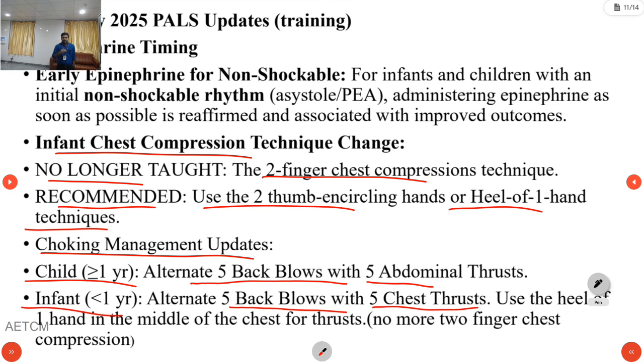Whatever it may be, the mechanism behind delivering these back blows and chest thrusts is that we are generating a pressure, and because of this pressure the object will come out. If the object is not coming out, or if the patient becomes unresponsive, you can follow your infant or pediatric BLS. Okay.